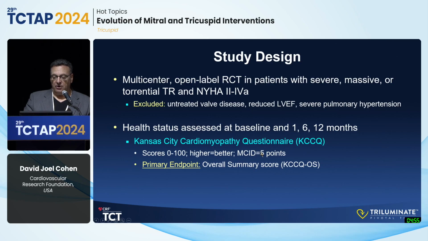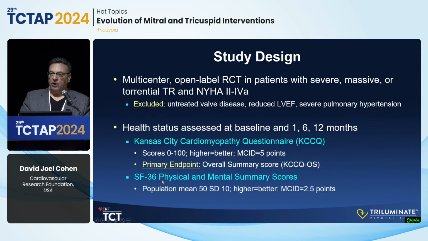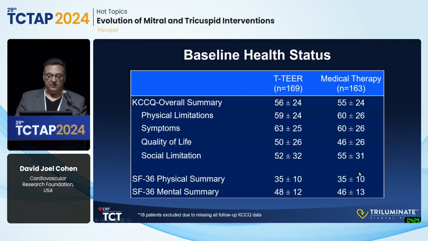Higher scores are better, and the minimum important change for an individual is a 5-point difference, which has been well established. The primary endpoint was the overall summary score. We also collected some more generic measures, the SF-36, which are general measures of physical and mental health. On these scales, 50 is the median in the United States population, and the standard deviation is 10. A minimally important difference is about 2.5 points.